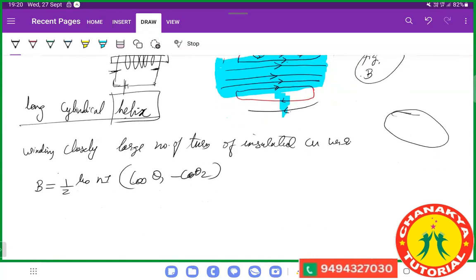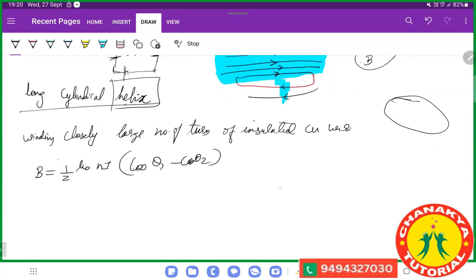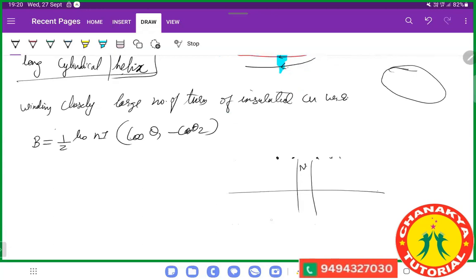If I consider this particle at this point, here and here, with x and dot. You remember what is dot and what is x? They mean going into the plane and out of the plane. Which magnetic field will be going into the plane and out of the plane?